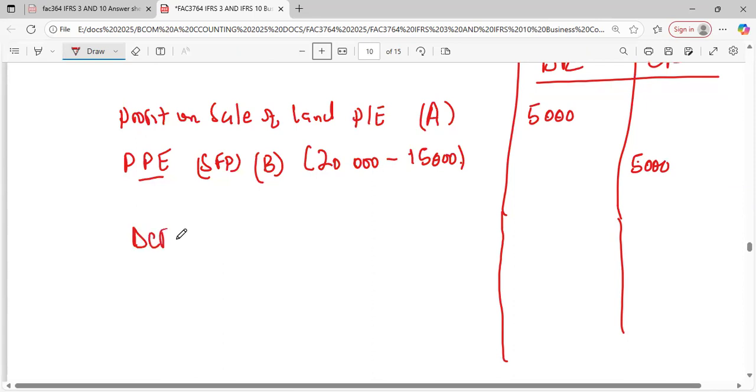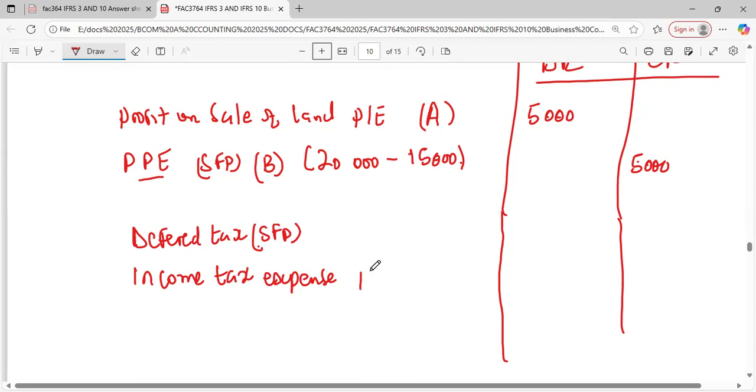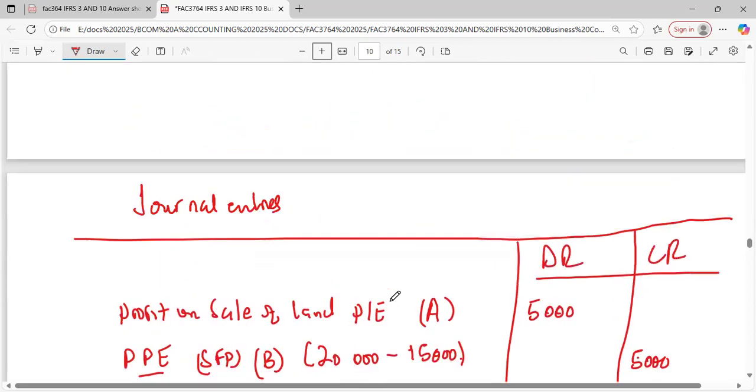It's going to be deferred tax in the statement of financial position here, and income tax expense in the statement of profit and loss. Right. So now this is different.